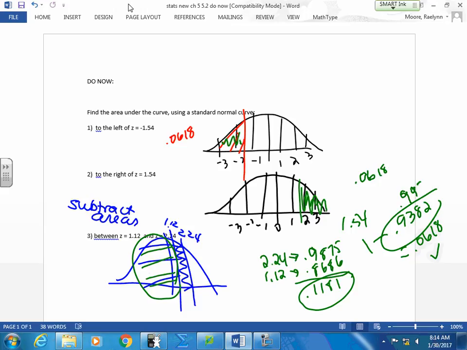Now, we're going to put this into little application problems, which is going to make a lot more sense for you to figure these out. I again wrote the properties of your normal curve and your standard normal curve on top.